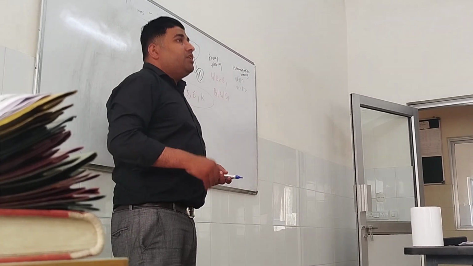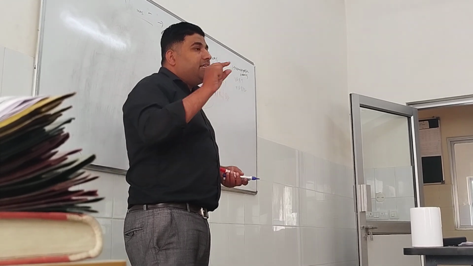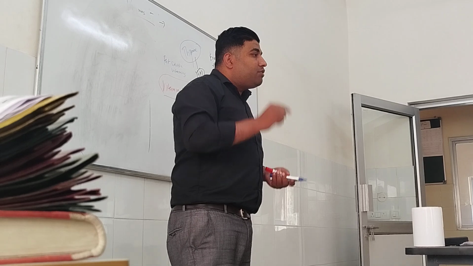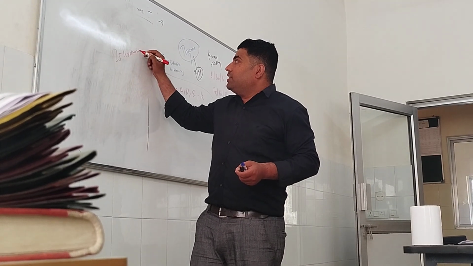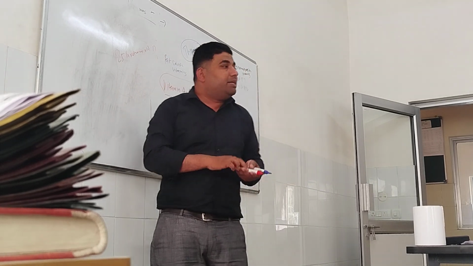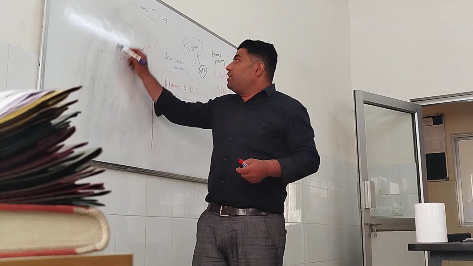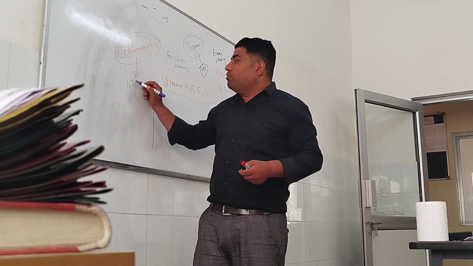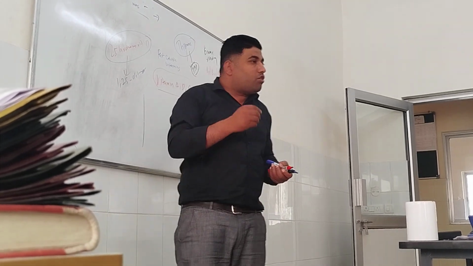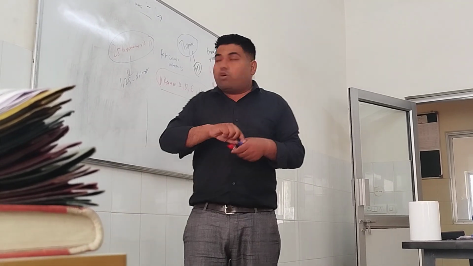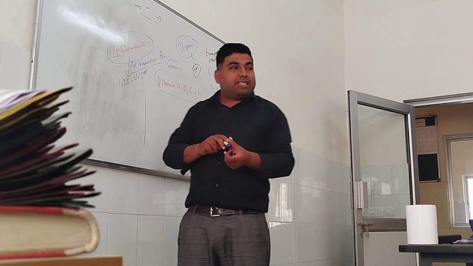Okay, this vitamin D is synthesized from cholesterol under the influence of sunlight. The major circulating form of vitamin D in the body is 25 hydroxy vitamin D, but it is not the active form of vitamin D. This 25 hydroxy vitamin D is converted into 1,25 dihydroxy vitamin D by the 1 alpha hydroxylase enzyme.